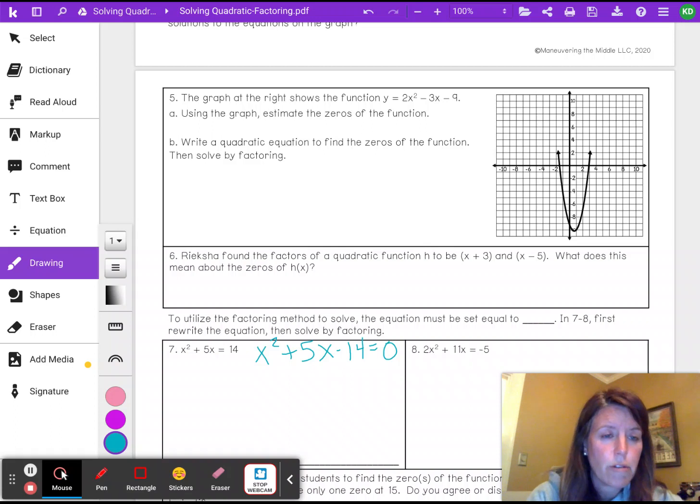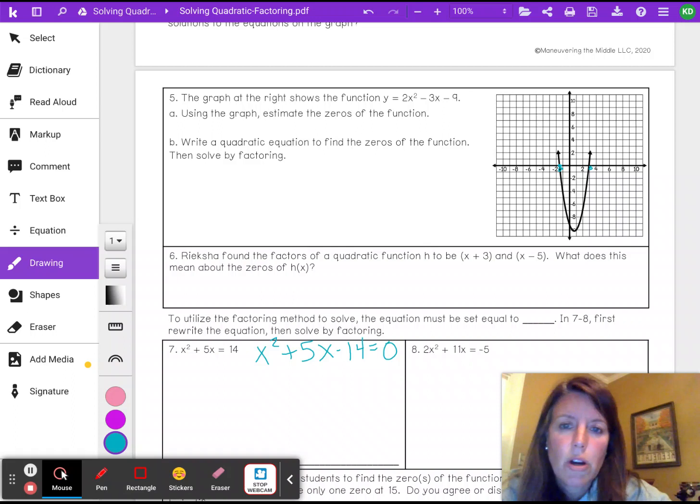It crosses at 3 right here. It's kind of hard to see and be fairly certain what that 0 is. So to estimate it, I'm going to say our two zeros are x equals 3 and x equals negative 1.5. So that's my estimation. So I'm going to write x equals 3 and x equals negative 1.5.